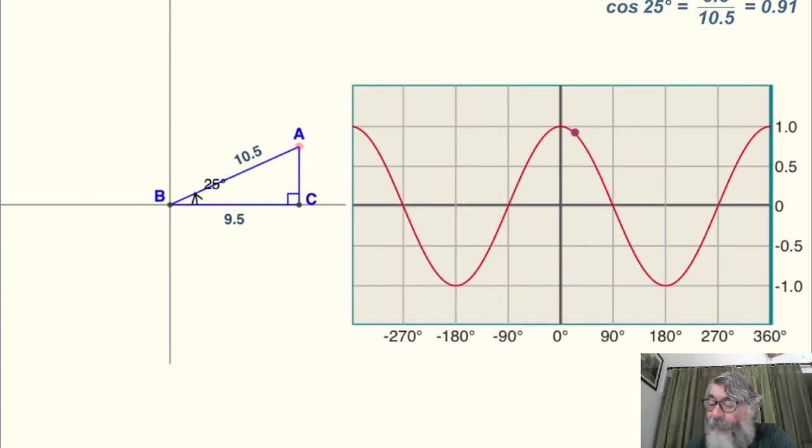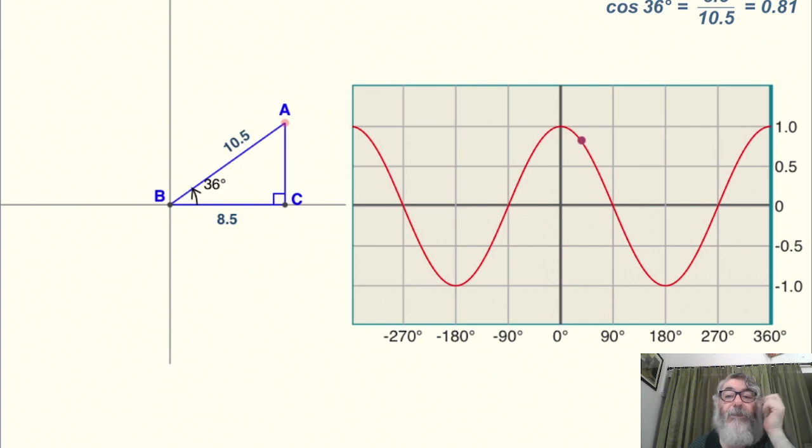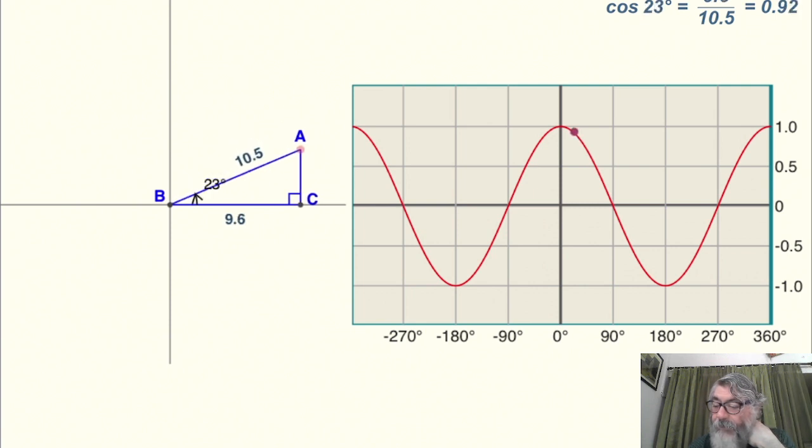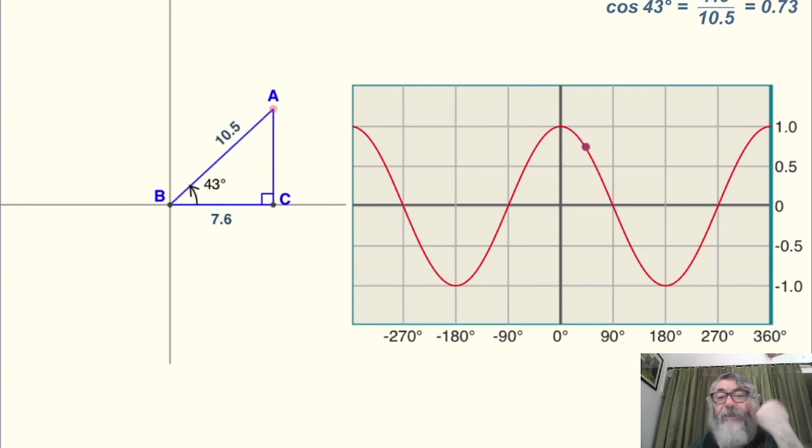Now when we move it further, when the angle between AB and BC increases, you notice that the base is decreasing. If I decrease the angle, the base is increasing. But if I increase the angle, the base is decreasing.